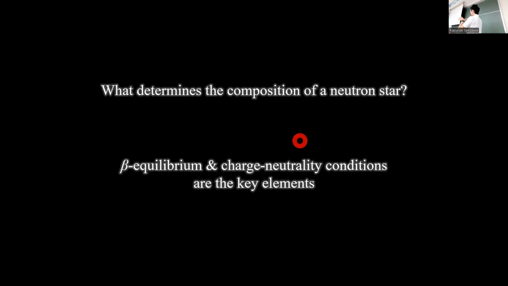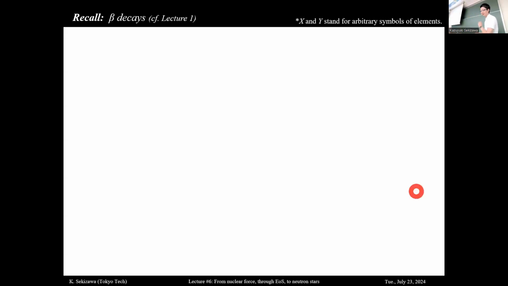Composition means we have electrons, muons, protons, and neutrons in the outer core region, and the ratio depends on the density. So how can we determine those compositions? Actually, it is the so-called beta equilibrium condition and charge neutrality condition.